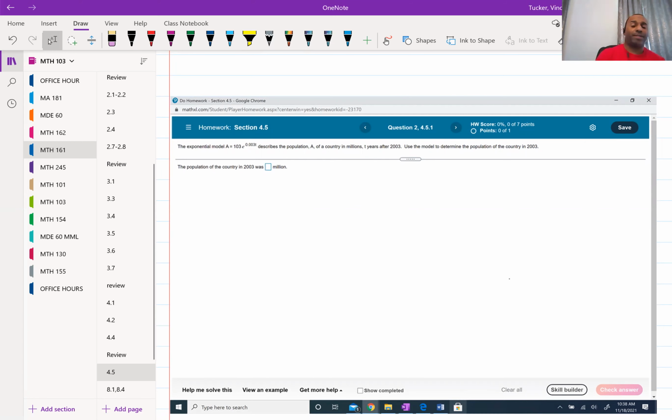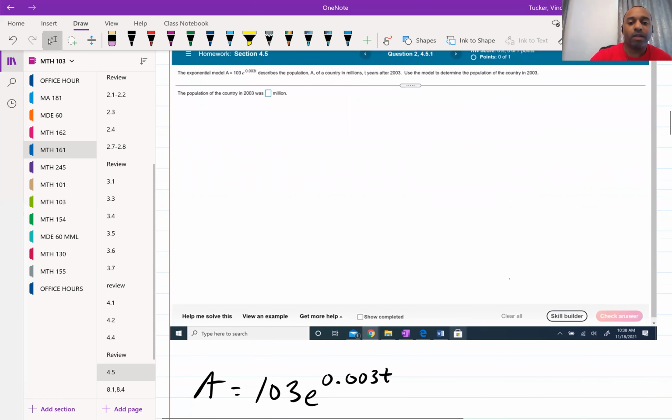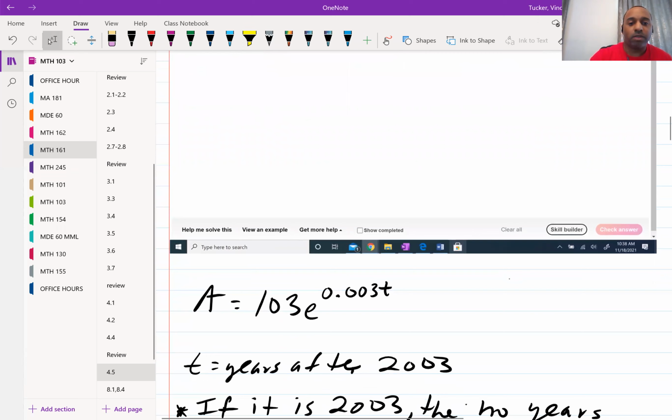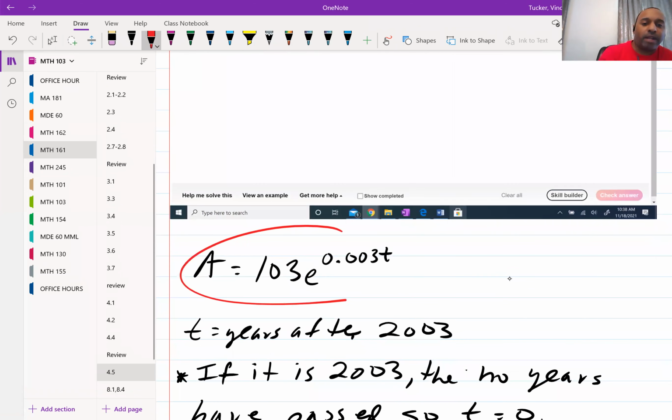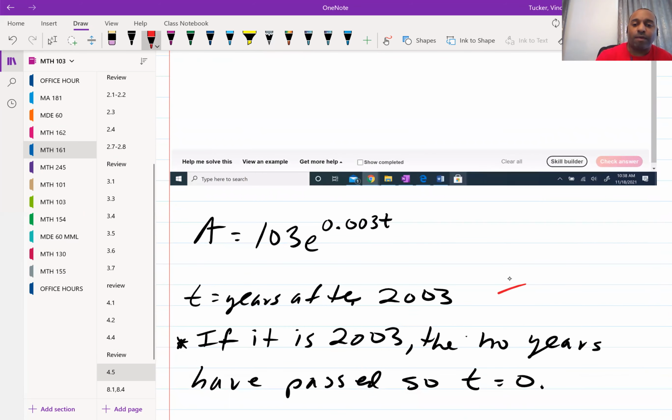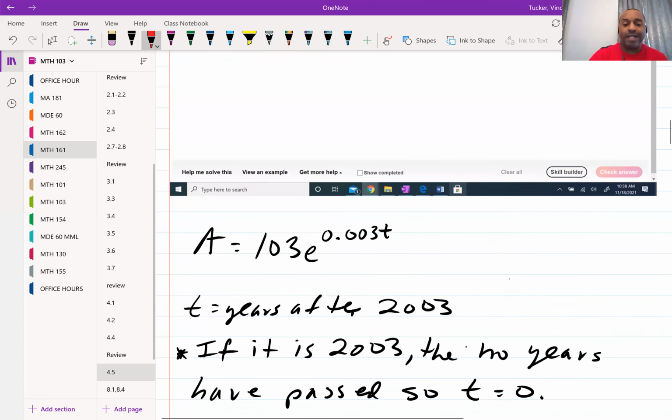So this model represents t years after 2003, and they want us to use the model to determine the population of the country in 2003. So here's the model they gave us. Once again, t represents years after 2003. Now we want to know how many millions are in 2003.